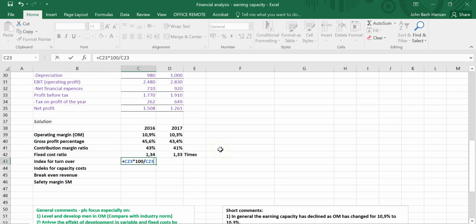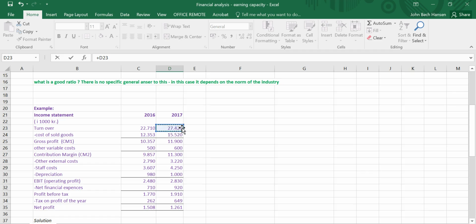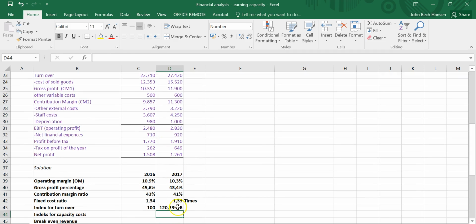And strangely enough, it's 100. It's just to put it on a basis so we can see how it develops over years. Now I take the actual turnover for this year, multiply by 100, divide by the basis year. Okay, so we can see it's increased about 21%.